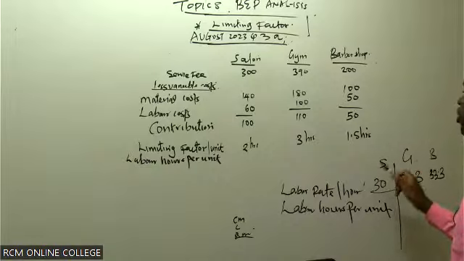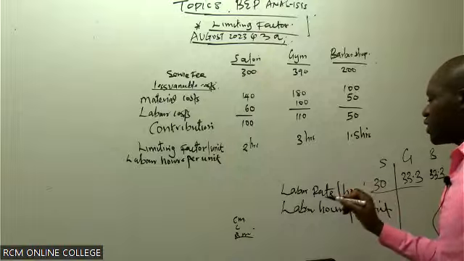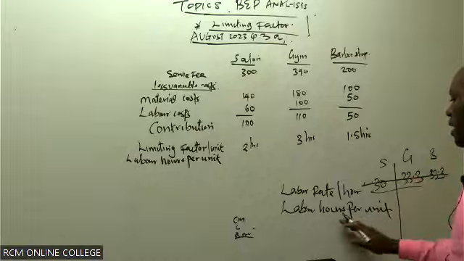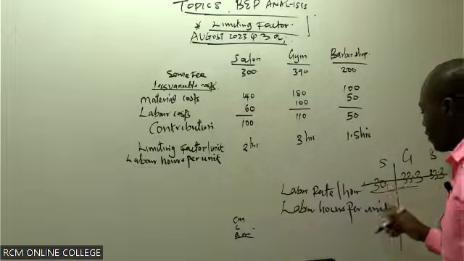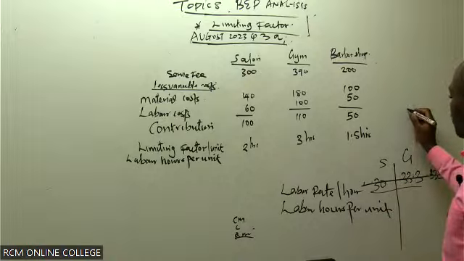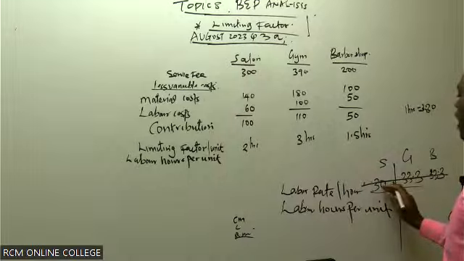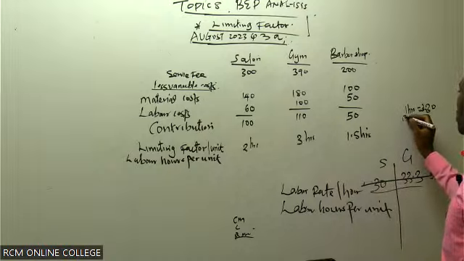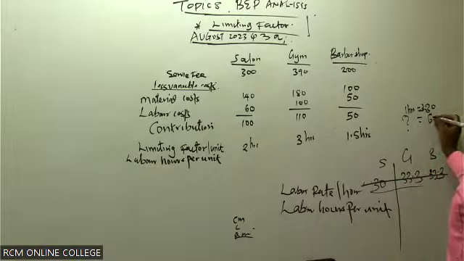But it does not mean in all questions the rate will be the same. So in some questions, if they give you this, we use the rate to get the labor hours. For example, if you're given this rate, but we need labor hours per unit, you'll be asking yourself, if 1 hour is equal to 30 shillings, that is what we have, the labor rate per hour, how many hours do we need when the company paid 60 shillings?